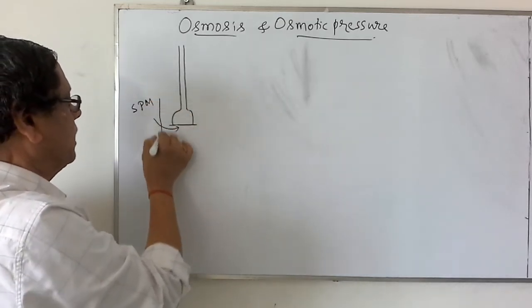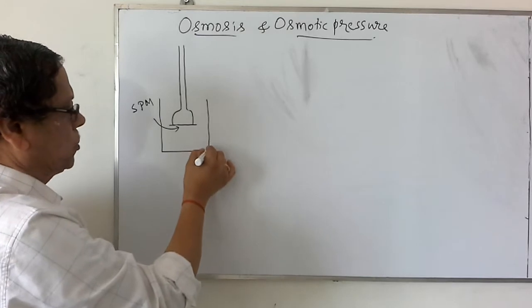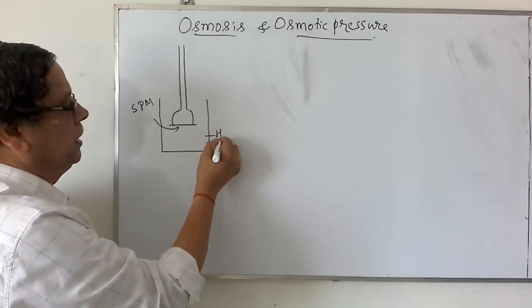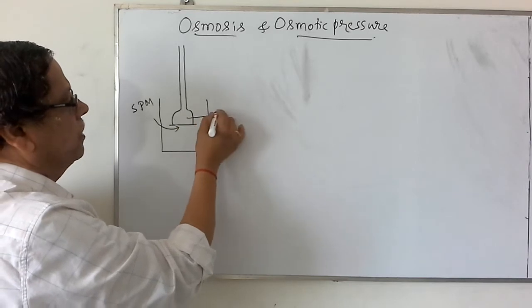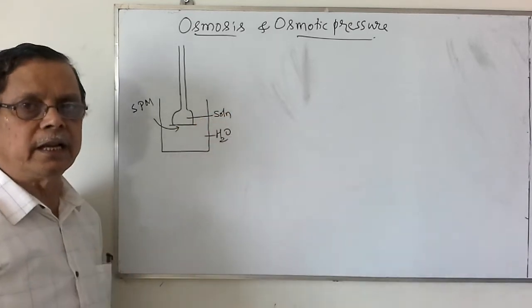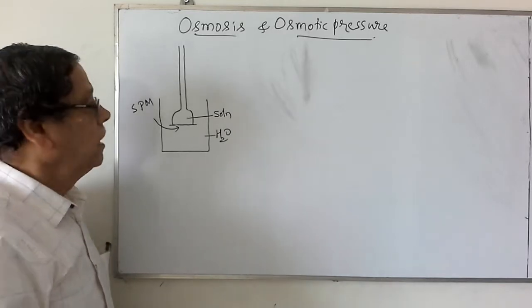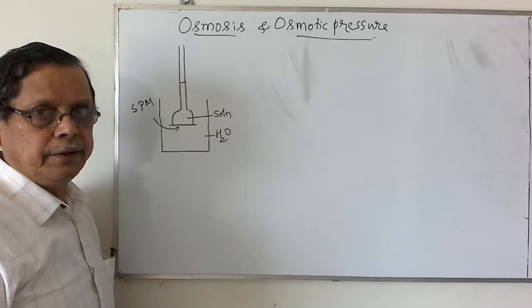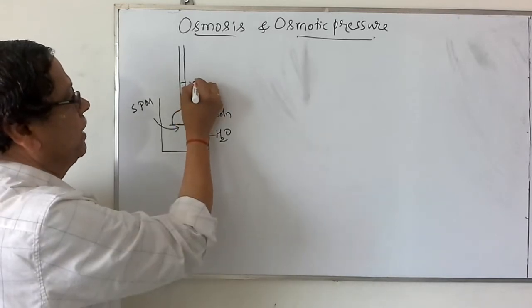So if it is kept in a solution like this, or if you take this pure water here and a solution of any non-volatile, non-electrolytic solute. Assume that this is the initial level of the solution.